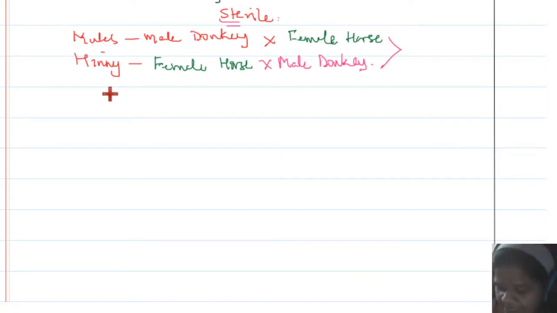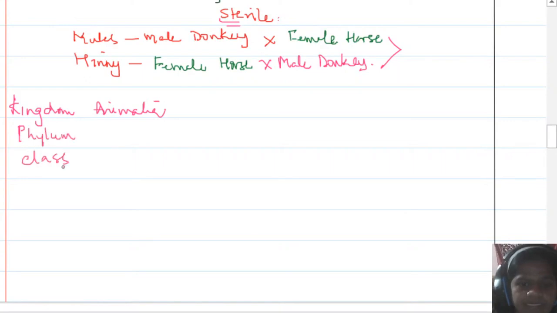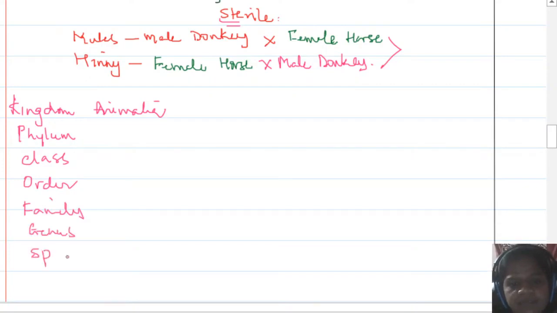Now let's look at kingdom Animalia. And one other thing that I forgot to tell you is we can remember the kingdom, phylum, class, order, family, genus, and species, right?